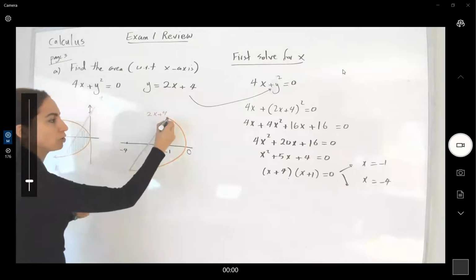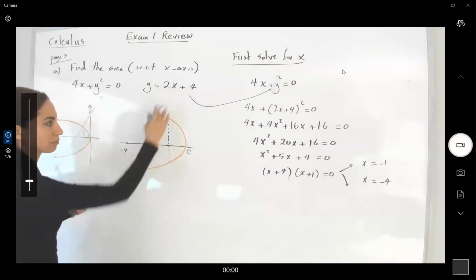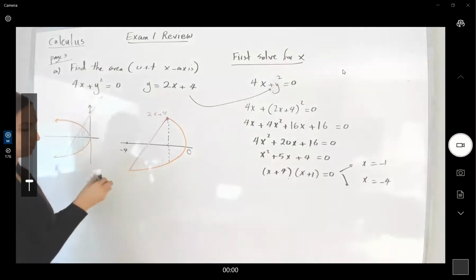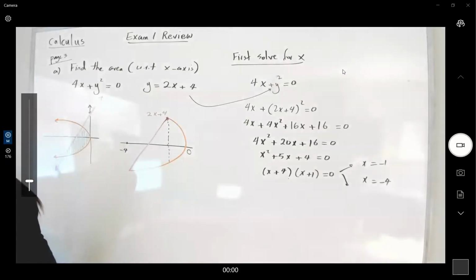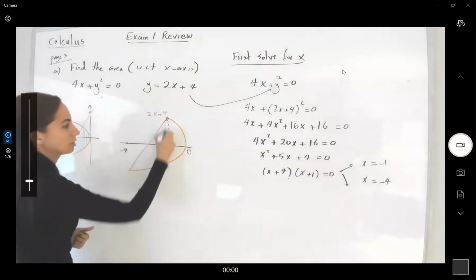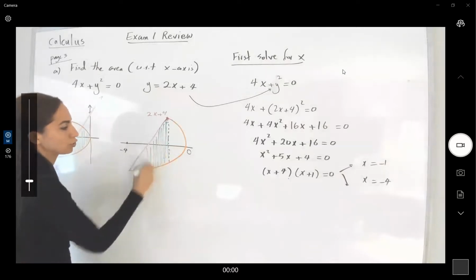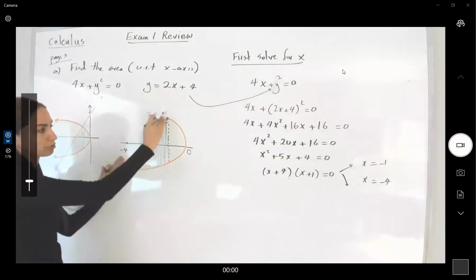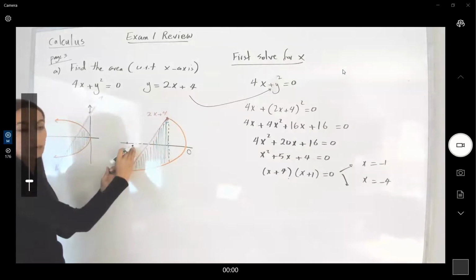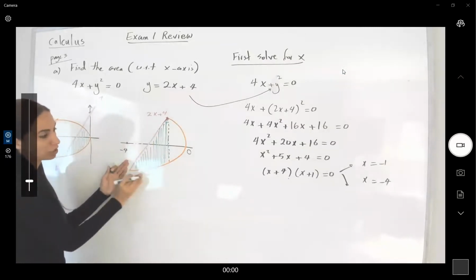Because at the point of intersection between these 2 functions, between these two graphs. One part is the part on the left-hand side. You can see it right here. It's bounded by two y values. So one of the y values is this line, and the other y value is down here.